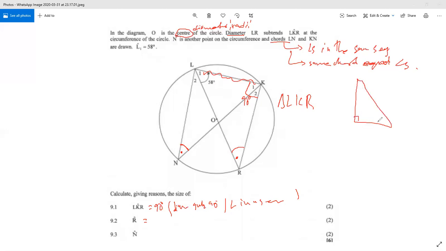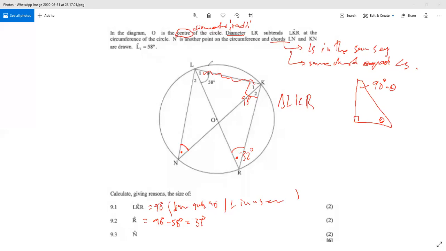If I've got this as 90 and I've got this as theta, then that angle is just 90 minus theta. And how are we getting that? Sum of angles in a triangle. So it is clear now that R here is 90 minus 58, okay? And I think that's 32 there. And then we are done, okay? So this angle is 32 degrees.